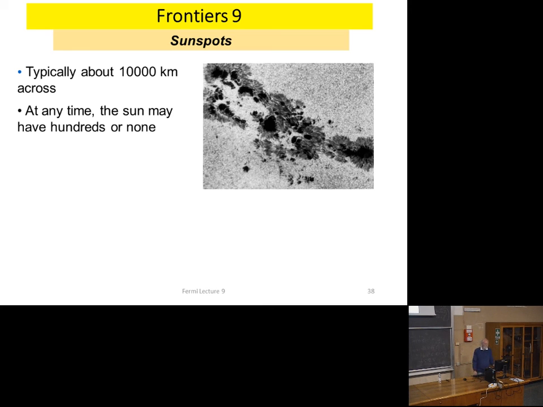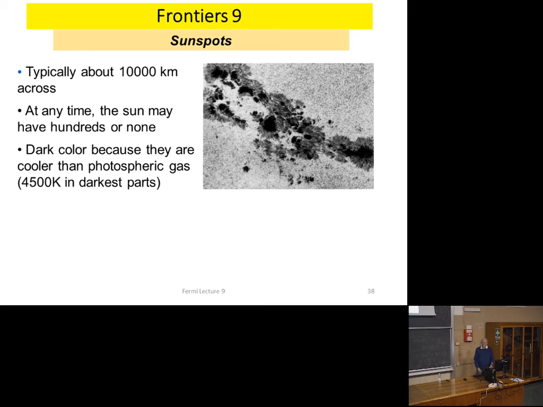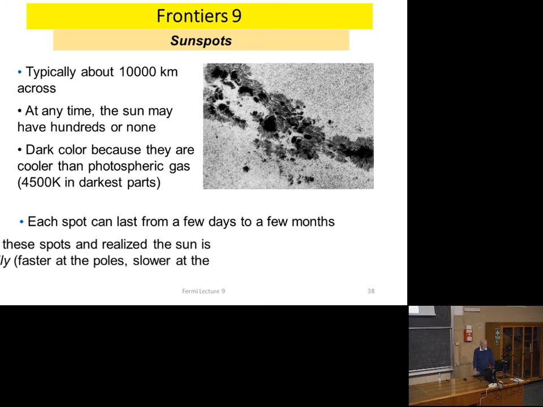It's dynamic. They're dark color because they're cooler than the photospheric gas otherwise. Each spot actually has a lifetime, but they're pretty short. So when you see sunspots, they last for days or maybe a month, but not much longer.